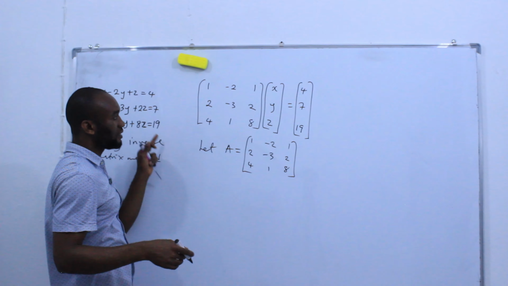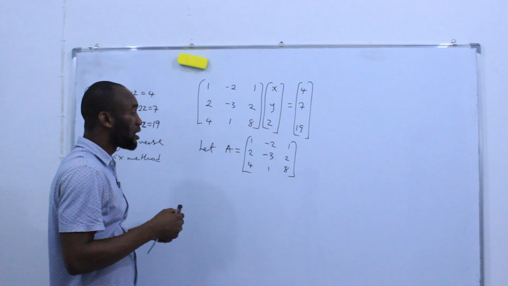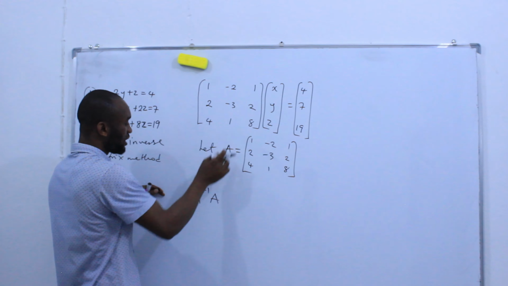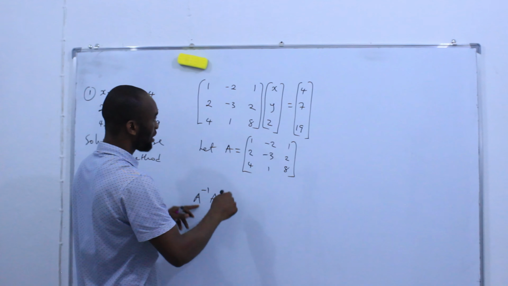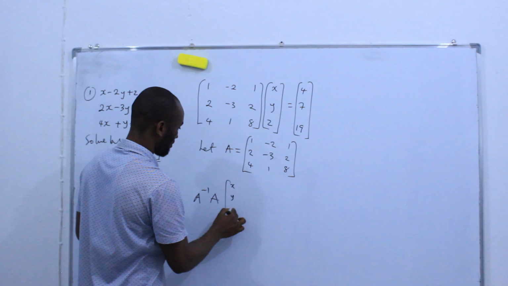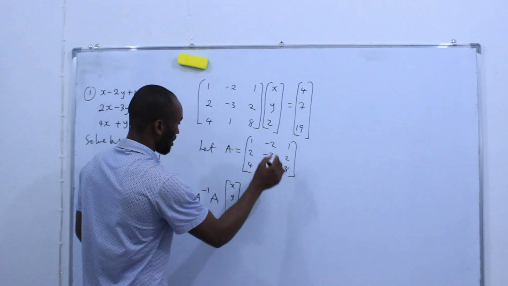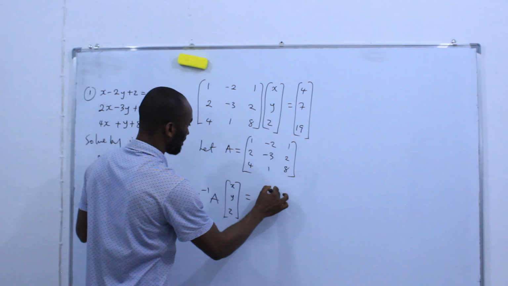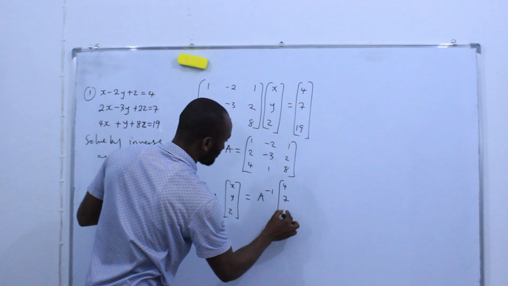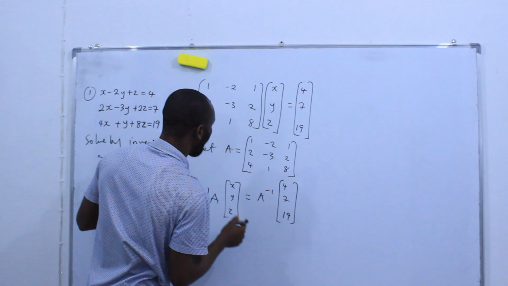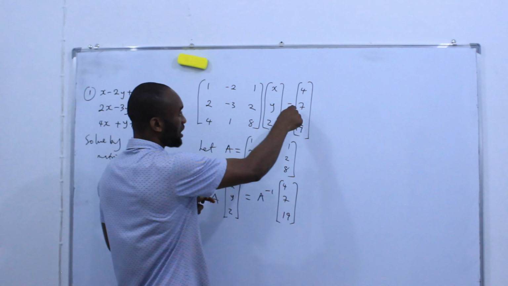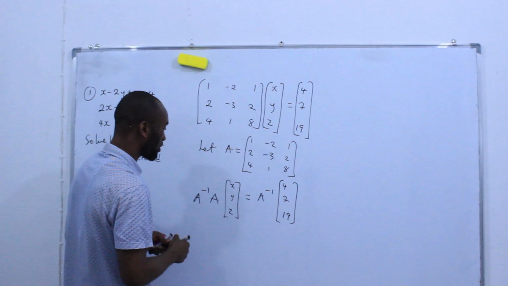If we multiply this equation from the left by the inverse of A, this is our A. I multiply A from this side by its inverse, and I also use the inverse to multiply this one from the left. Now what is going to happen?